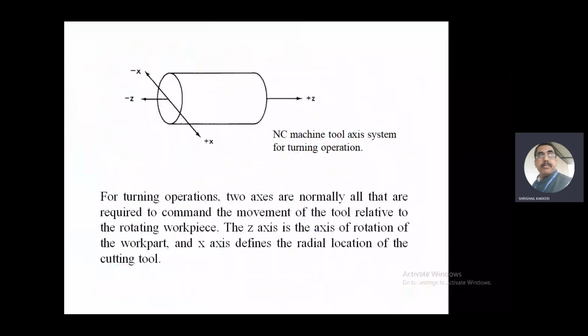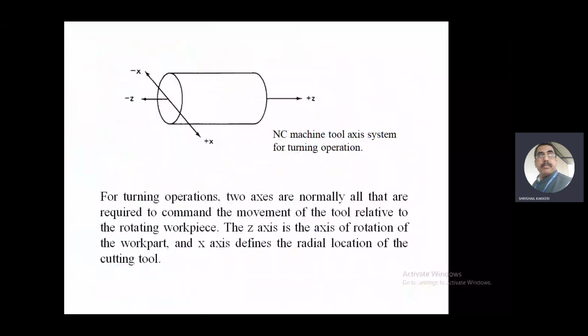In CNC turning centers, the Z direction will always be along the axis of the workpiece. Z direction will be along the axis of the tool in case of milling machine. Correct?